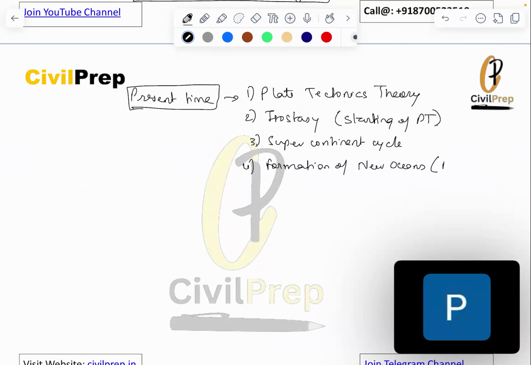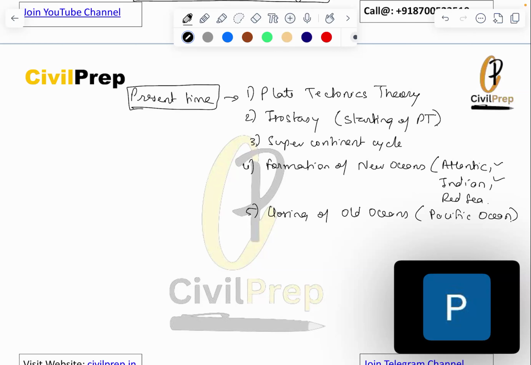New oceans, we have Atlantic, Indian Ocean, then Red Sea, etc. Then there is also closing of old oceans, like the Pacific Ocean, which is closing now, and the rest of the oceans are expanding.